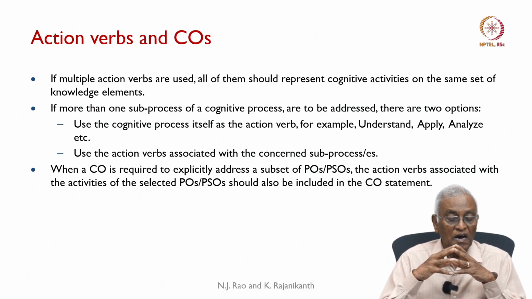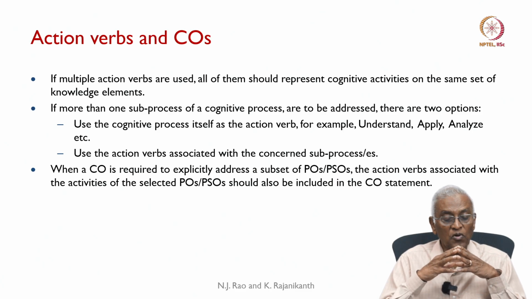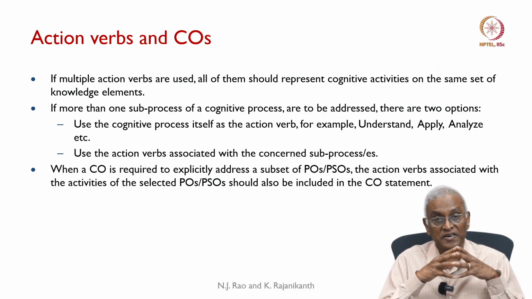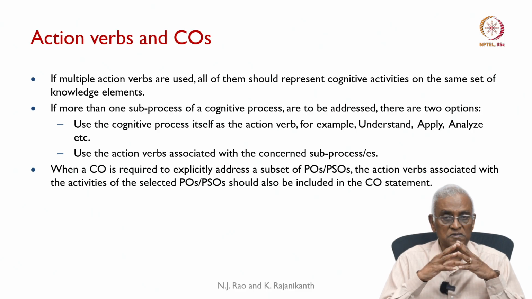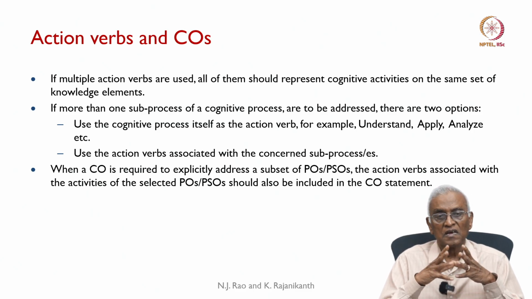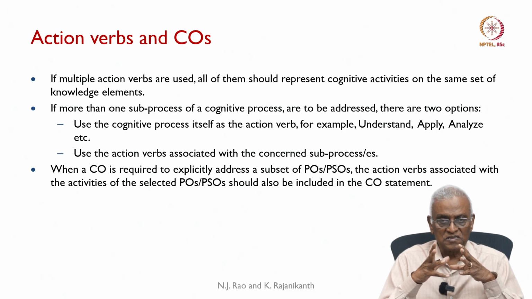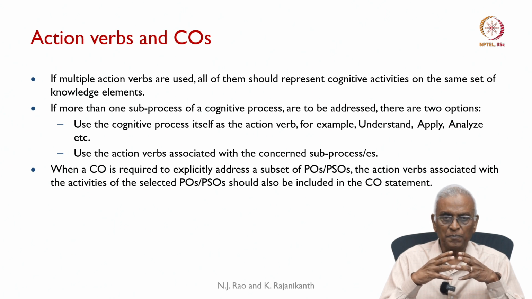Now, the other mechanism is if more than one sub-process of a cognitive process is to be addressed, there are two options. Because as we have seen in the revised Bloom-Vincenti taxonomy, you have 6 cognitive processes and each cognitive process has several sub-processes.